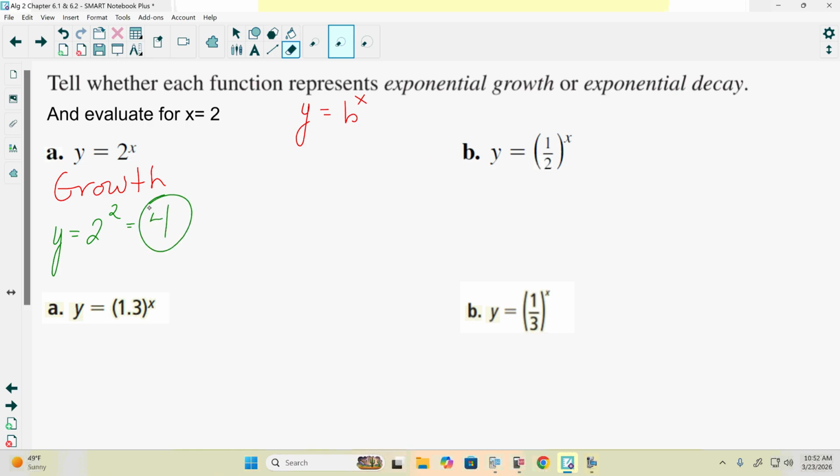So you can say y equals 4, or we can just circle the 4, either one. But again, as that value of x increases for this function, that number is going to get very big very quickly.